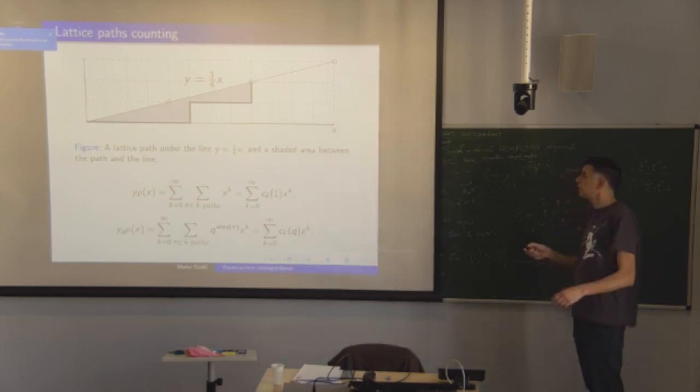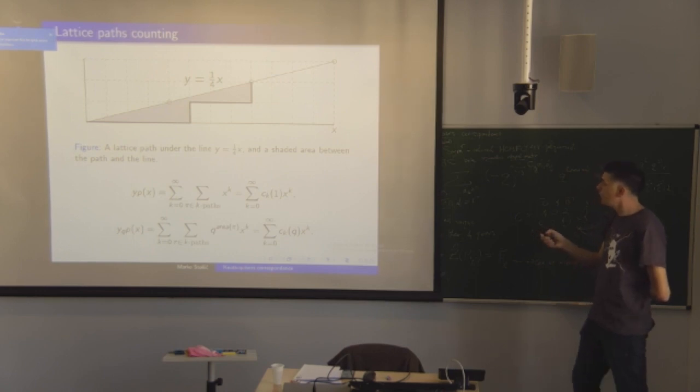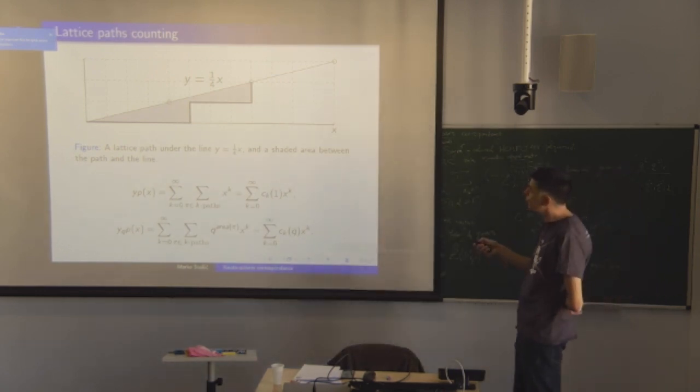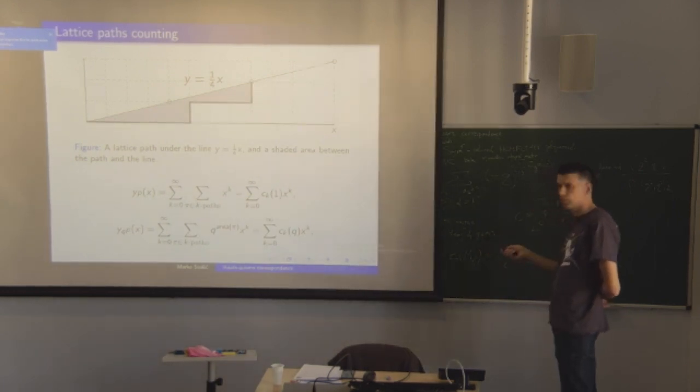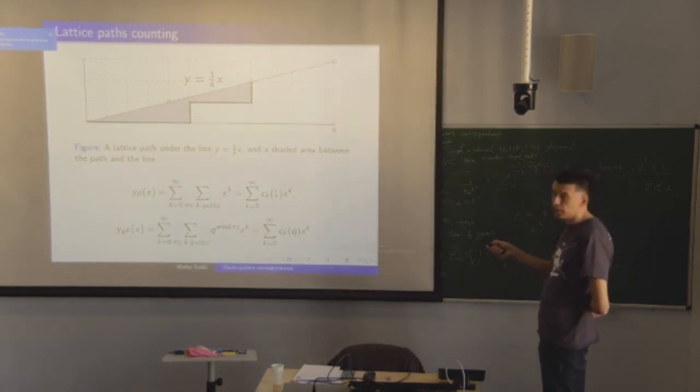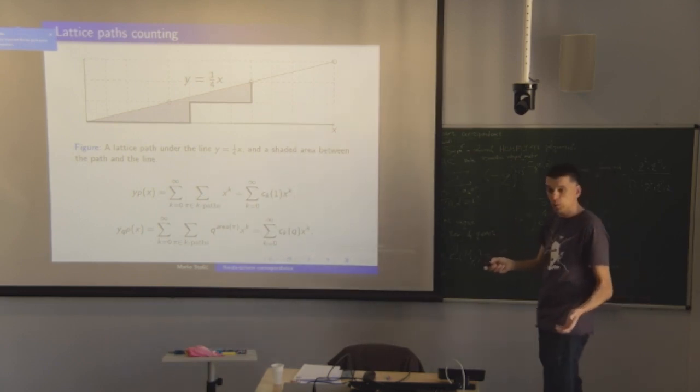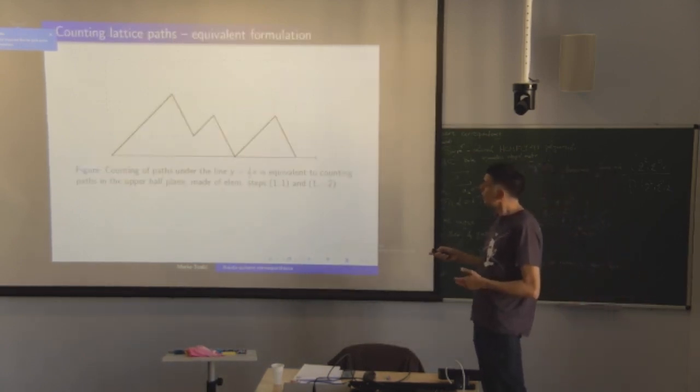That clearly depends on the slope of this line and many other things. You can also count with some weight, where the weight is the area between the critical line and our line. This is a purely combinatorial problem.